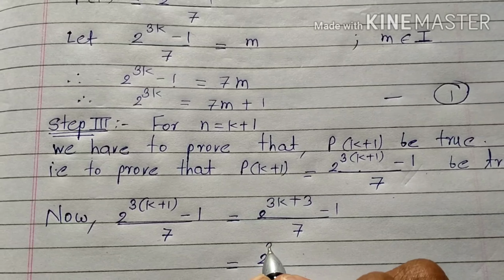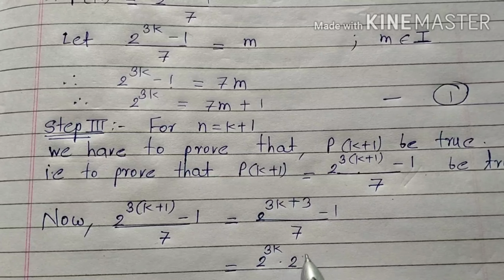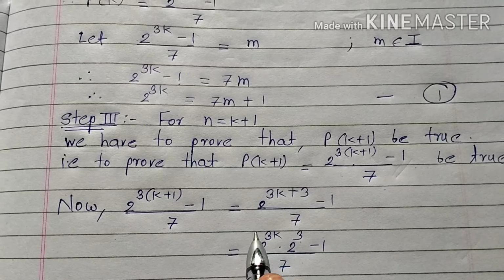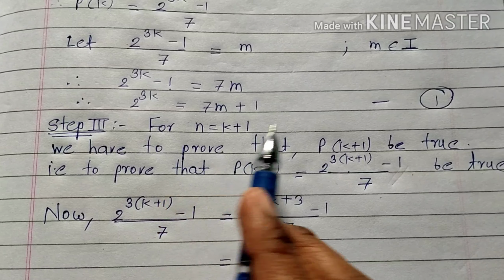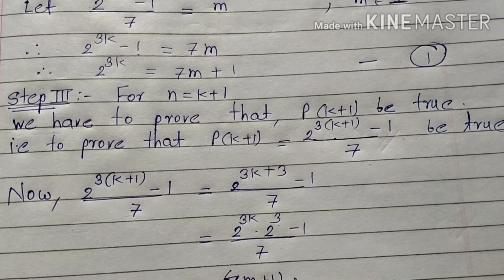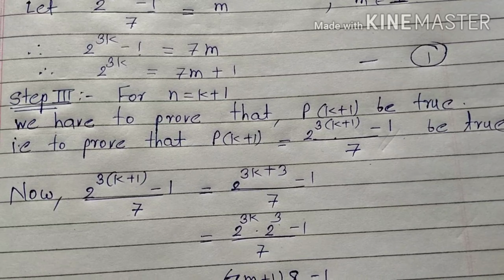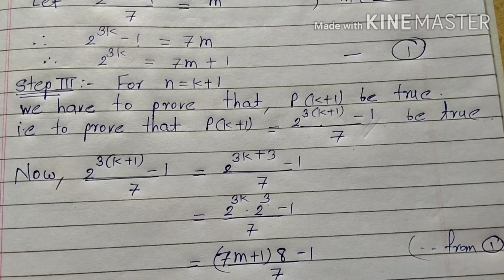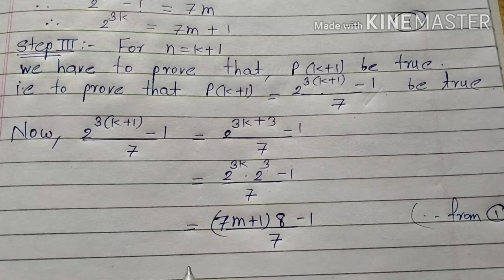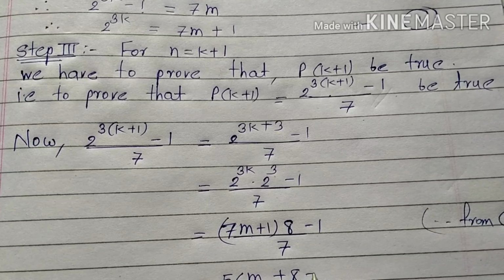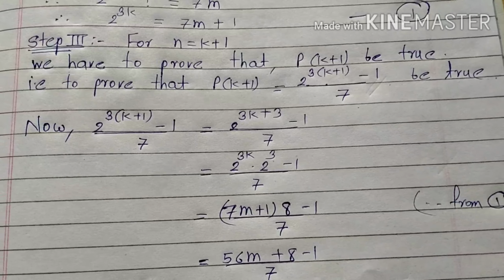Using laws of indices, it is 2 raised to 3k, into 2 cubed, minus 1 upon 7. So we know the value of 2 raised to 3k from equation first. So it is (7m plus 1) into 8 minus 1 upon 7. So it is 56m plus 8 minus 1 upon 7.